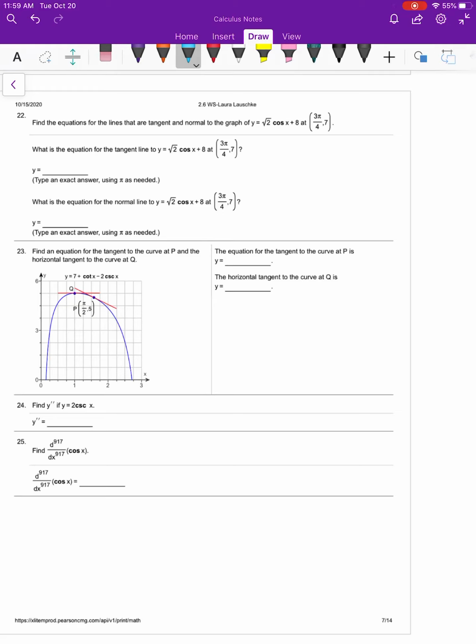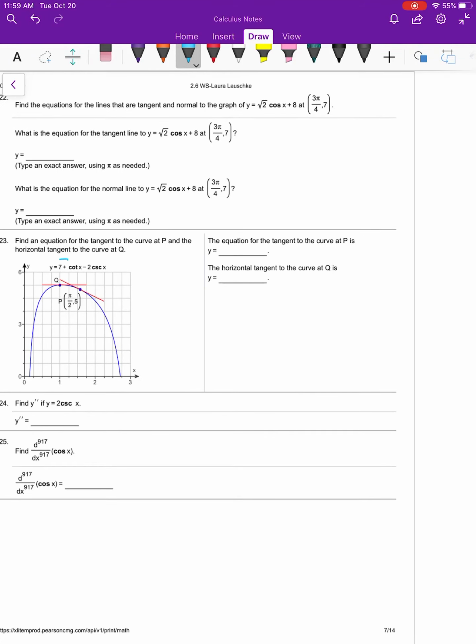I don't know if these are going to give you trouble or not, but they do give you the equation here. So you do have to find your derivative. Derivative of 7 is 0. Derivative of cotangent is negative cosecant squared.